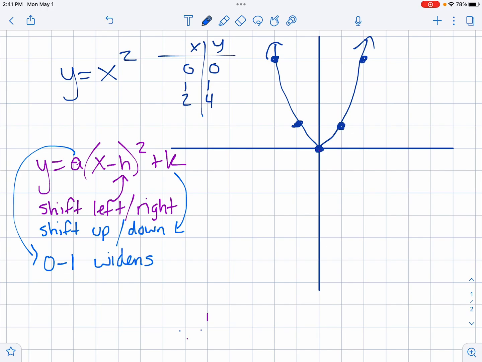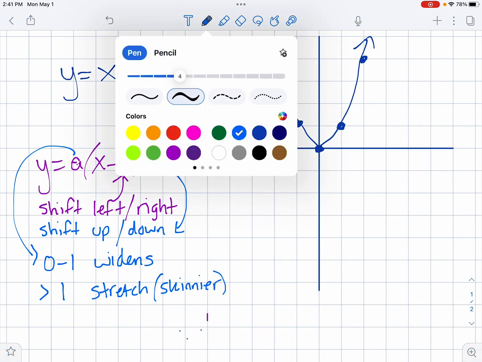It becomes wider. Then if that a is bigger than 1, it stretches it. It's a vertical stretch. It makes it skinnier. So you could say stretch, which is really skinnier. It grows faster.